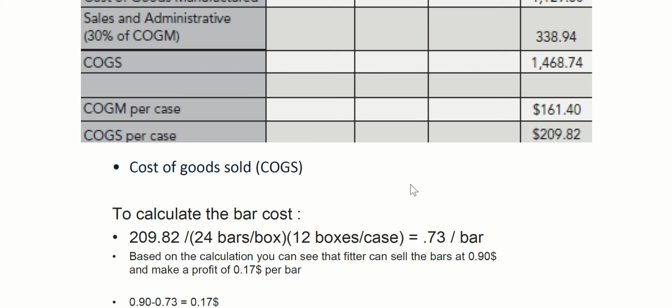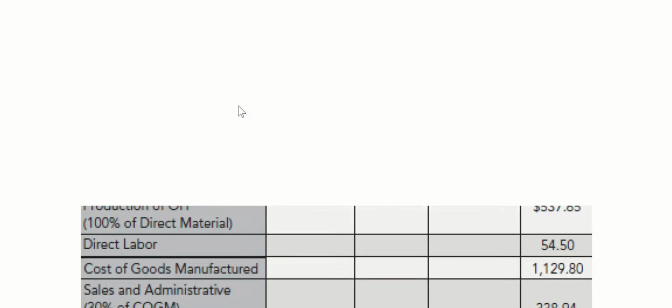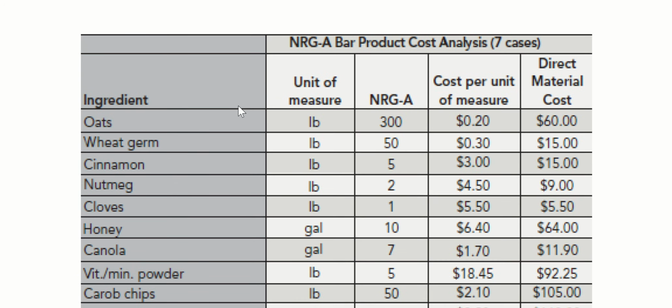This is just a simple formula: profit equals selling price minus cost price, where cost price is the individual cost to make the bar. They are selling each bar at 0.90, the cost to make it is 0.73, and you get the profit here. So this is the basic concept of product costing in enterprise resource planning. Thank you.